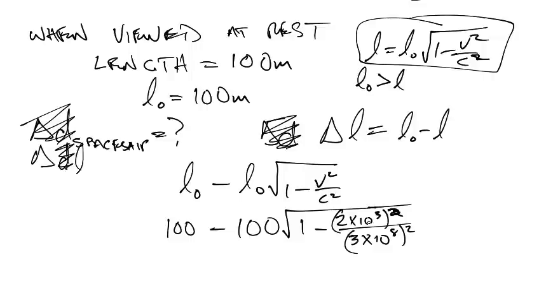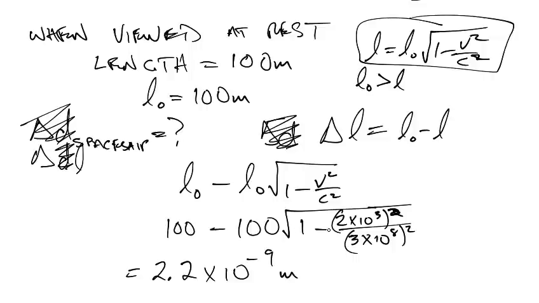Take the square root, and then let's go 100 times. Okay? And then let's go change sign, and we'll go 100 plus. And we get as an answer 2.2 times 10 to the power of negative 9 meters.